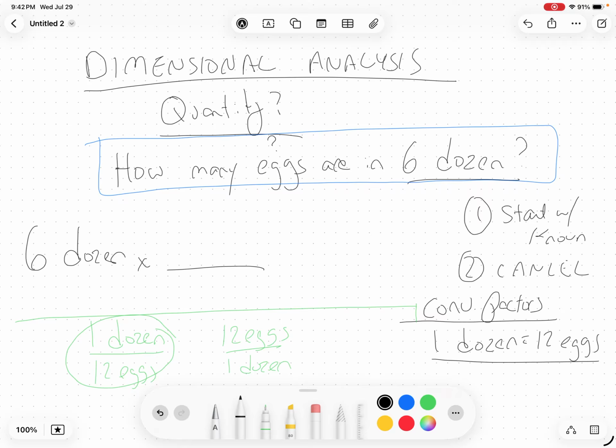Okay, so let's see, what can we do here? Again, we know we've got 6 dozen, and we want to cancel out dozen, so I'm going to use this conversion factor, 12 eggs over 1 dozen, right? So I want to cancel out dozen, and I have 12 eggs.